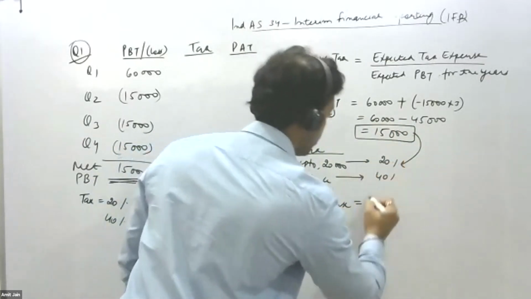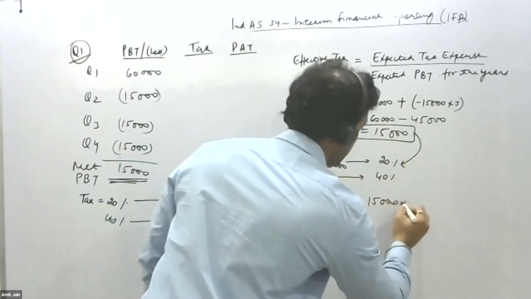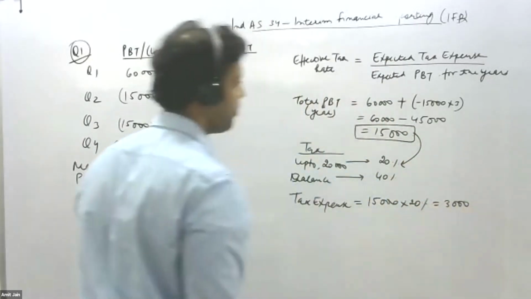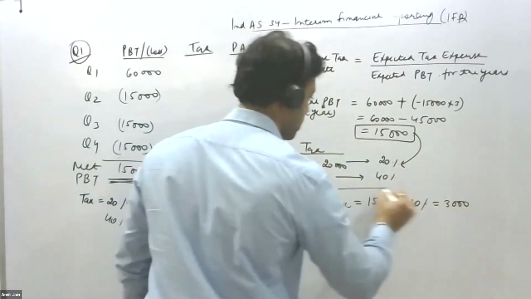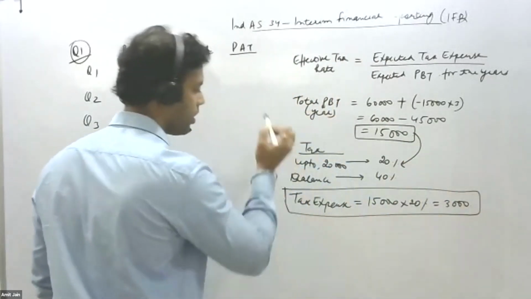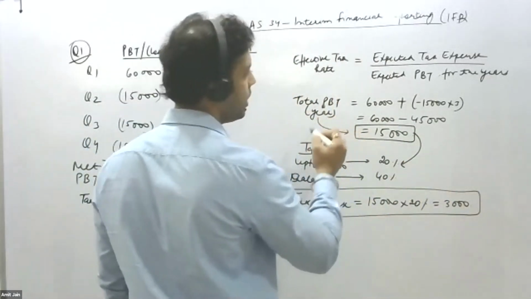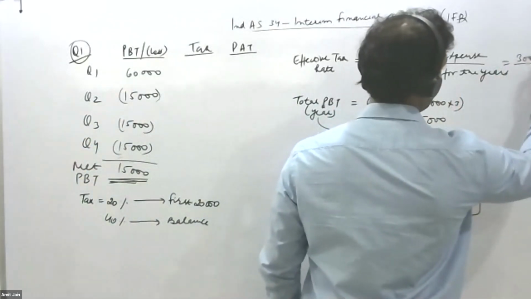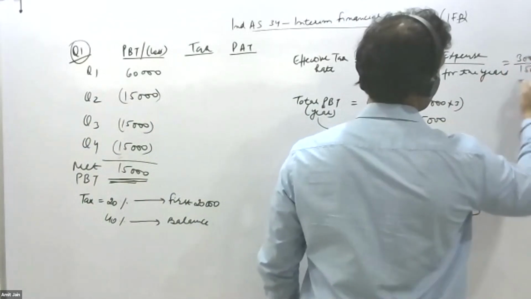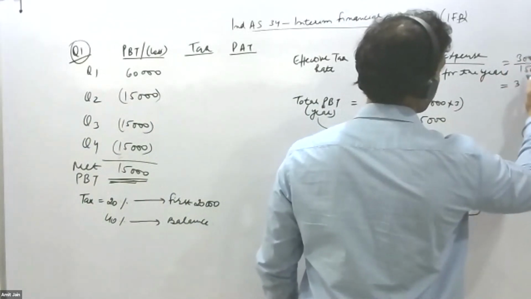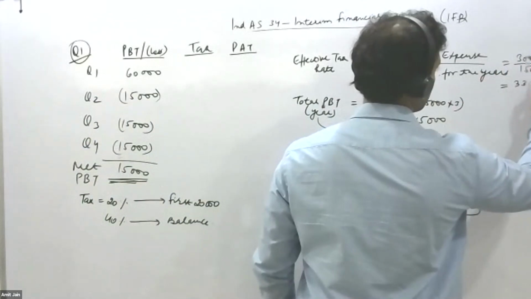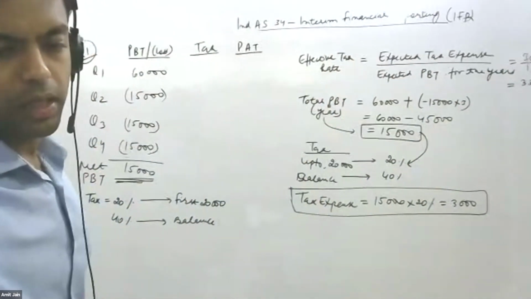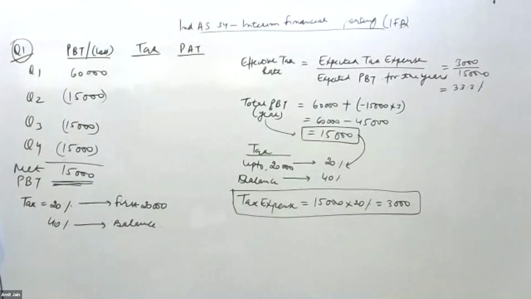Tax expense is equal to 15,000 multiplied by 20%, which is 3,000. So this is my tax expense and this is my PBT. What is the effective tax rate? 3,000 divided by 15,000, which is approximately 33%.